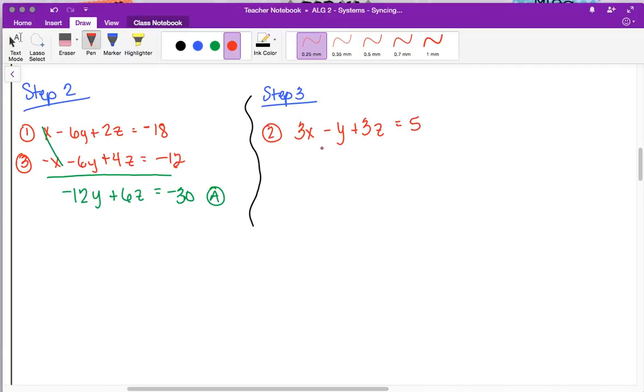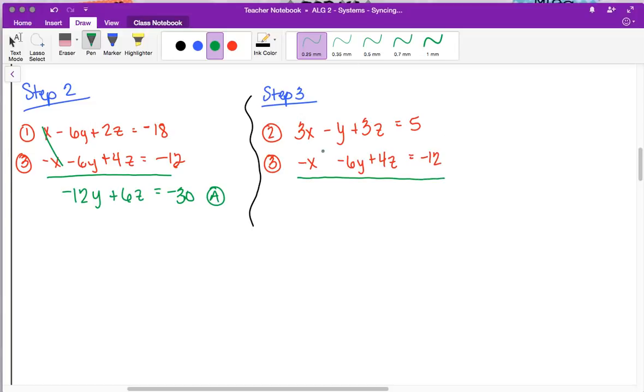And I have to use either equations 1 and 3. So I chose number 3. So equation 3 is negative x minus 6y plus 4z is equal to negative 12. And I still have to eliminate x, same variable as step 2.